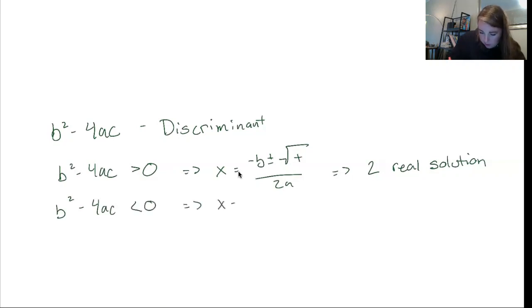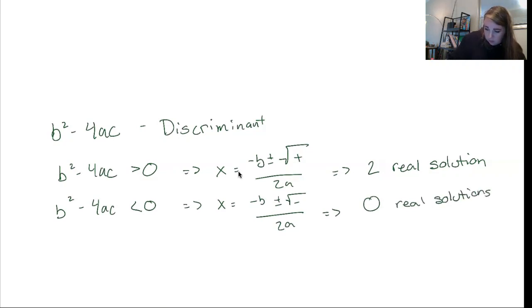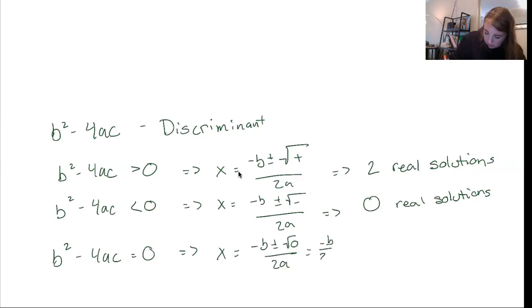So that tells me that x equals negative b plus or minus the square root of something negative over 2a. And we saw that to have 0 real solutions. And then in the last problem that we just did, b squared minus 4ac equaled 0. So x would equal negative b plus or minus the square root of 0 over 2a, which is just negative b over 2a, which is one real solution.